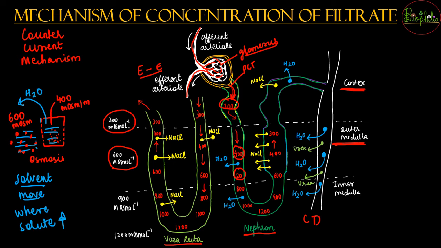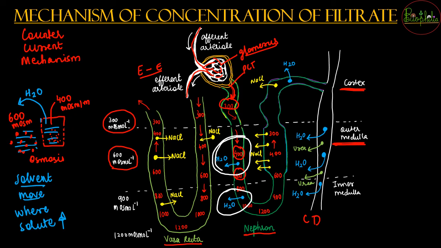That means water is moving out of the descending loop of Henle, to the outside. The same thing is happening over here as well, as you can notice, highlighted by the white part. Water is going out. A similar thing will happen in the deeper sections of the medulla as well. Because of the changes in osmolarity, water is moving out.